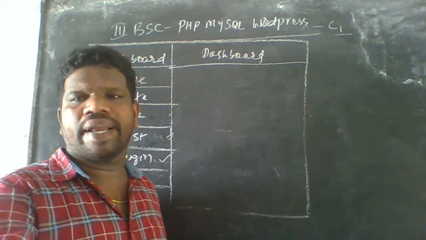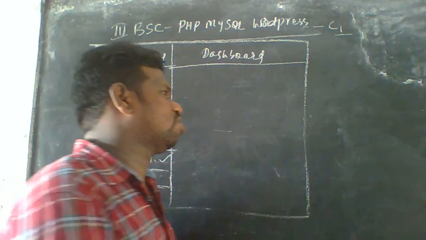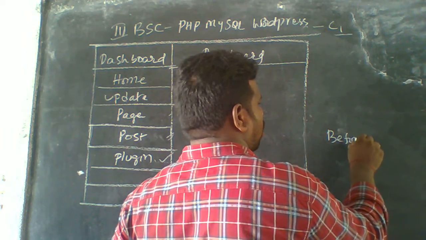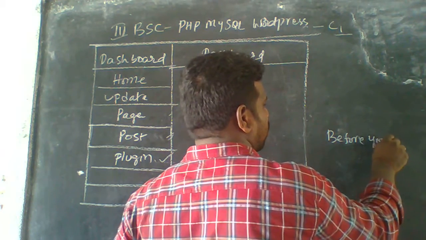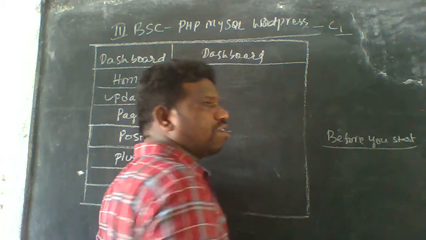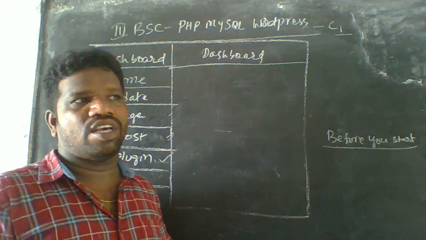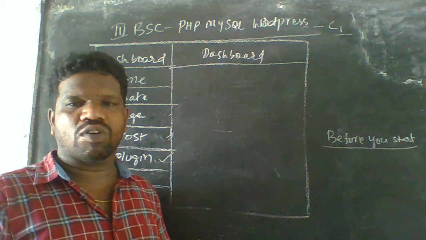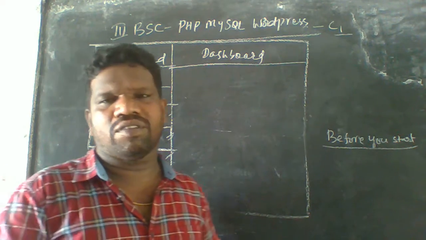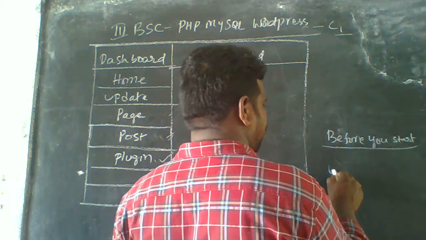So plugins are used. So what are plugins here? Before you start, you have to see what plugins are available here. If you are using wordpress.com, then you cannot install plugins here.